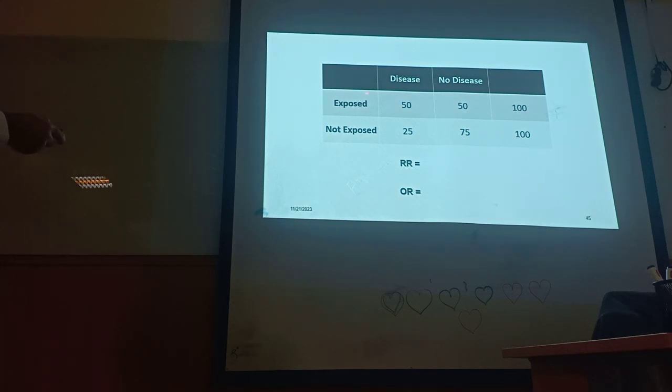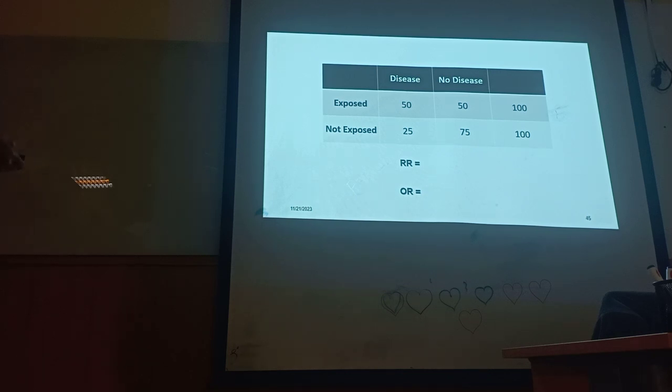Let's look at this scenario. What is the risk of disease for the exposed group? 50%. What is the risk for the not exposed group? 25%. So the disease is not rare, it's common.